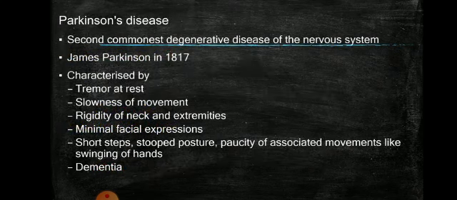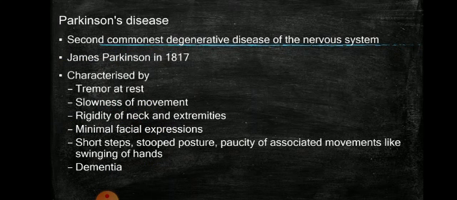Now what are the characteristics? In Parkinsonism, you can see tremors at rest, slowness of movement, rigidity of both the neck and the extremities, and minimal facial expressions. There is a lot of difficulty with initiation and planning of movement. The person won't be able to start a movement.